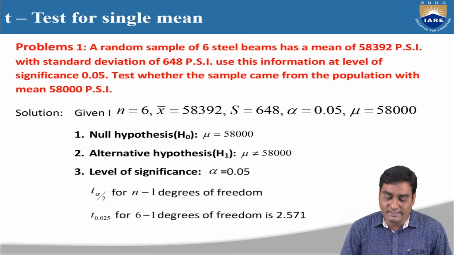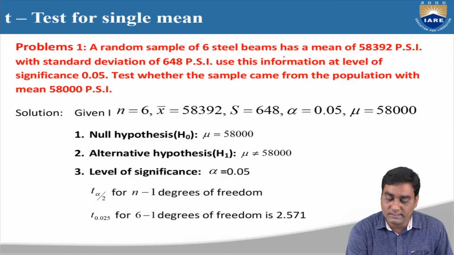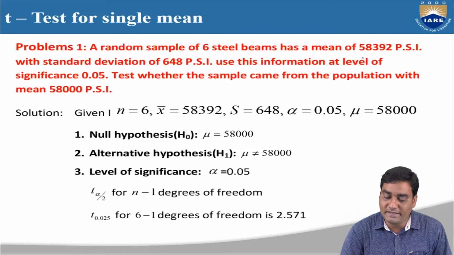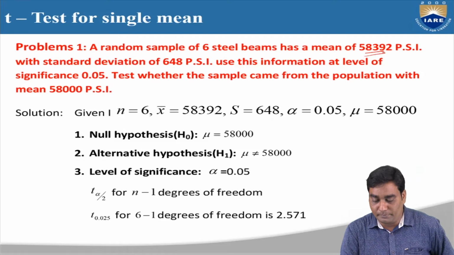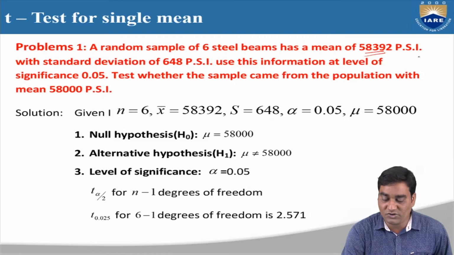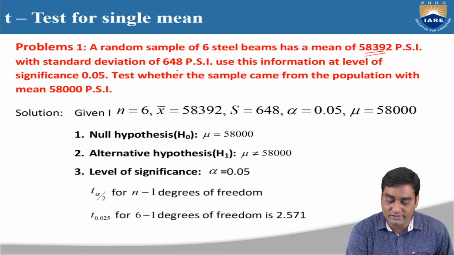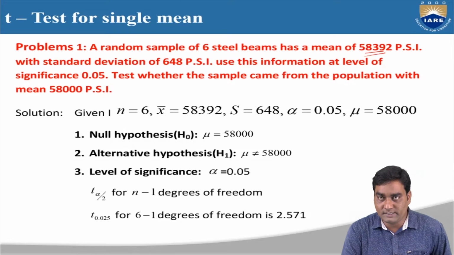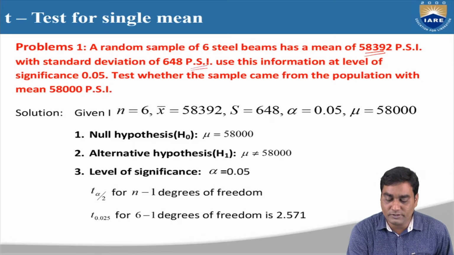The problem number 1 is, a random sample of 6 steel beams has a mean of 58,392 pounds per square inch, with the standard deviation 648 pounds per square inch. This psi unit means pounds per square inch.